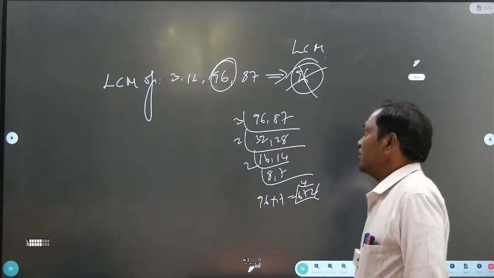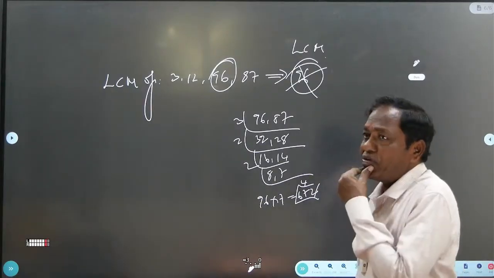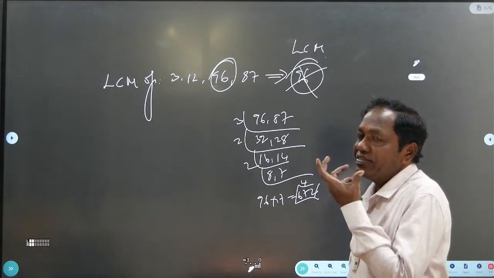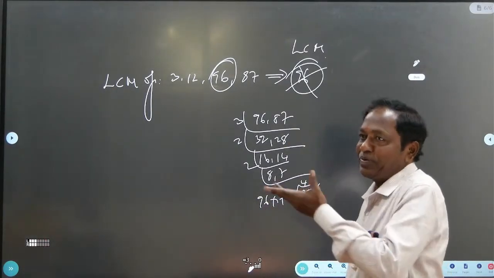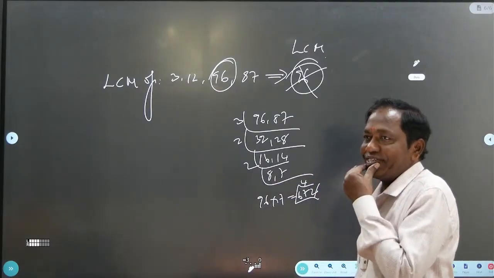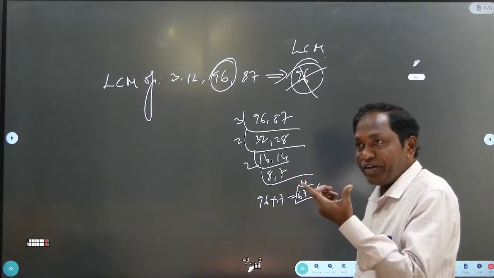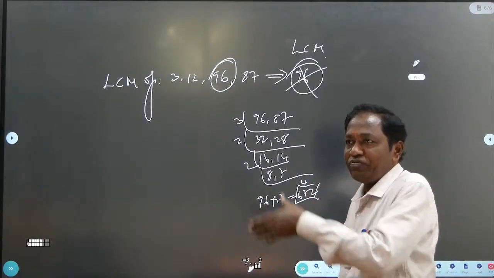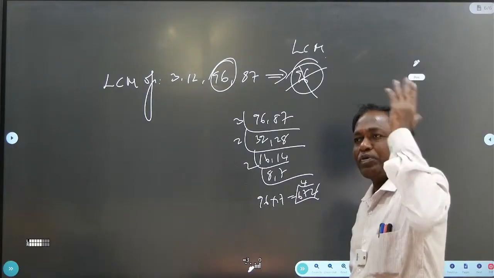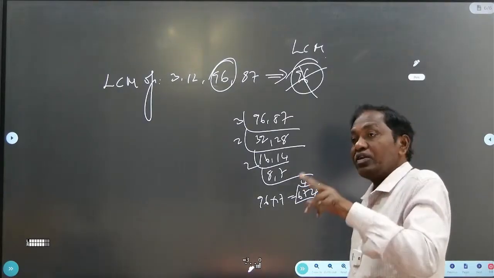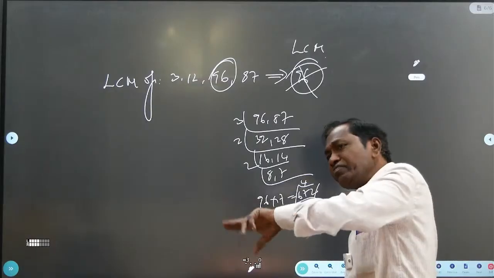Okay, next, this is how the LCM can be derived. LCM means what? The largest number of the given numbers or multiples of the largest number. What is the definition? Whichever numbers are asked, only for those we find the LCM. You cannot simply say largest number, because the largest number may be 1 million also. So the definition is: the largest number of the given numbers or multiples of that largest number.